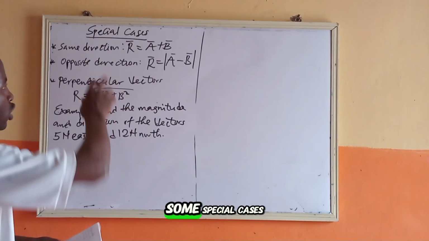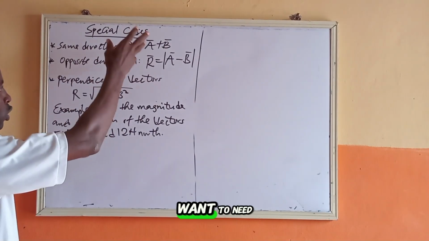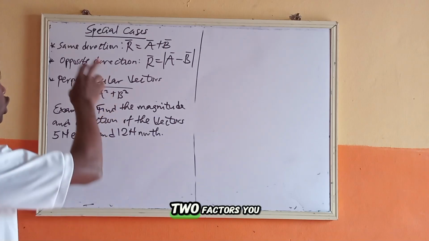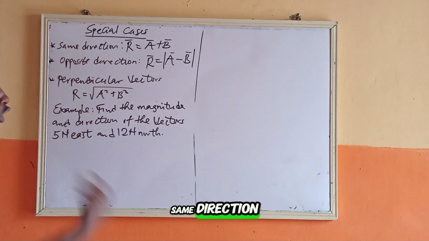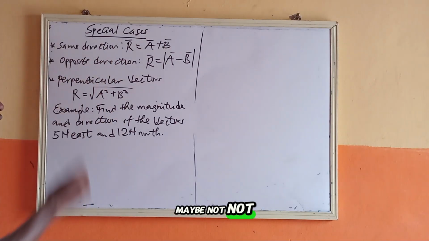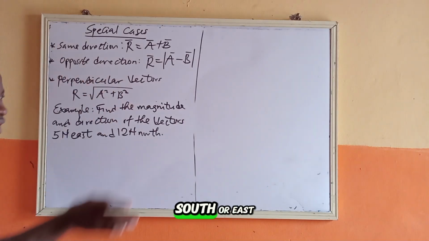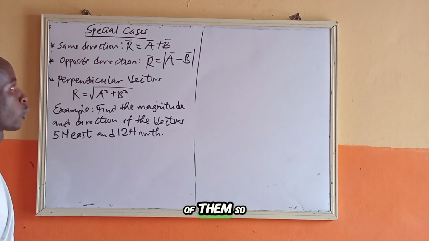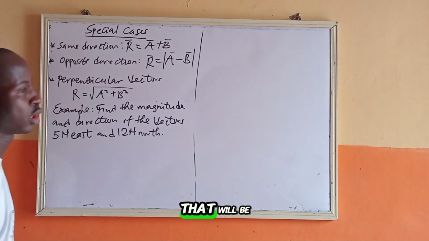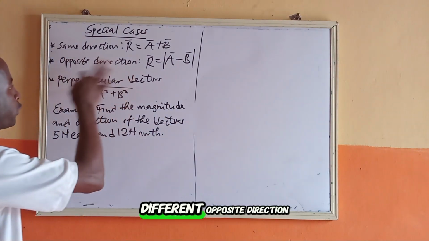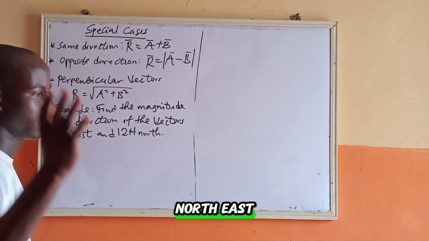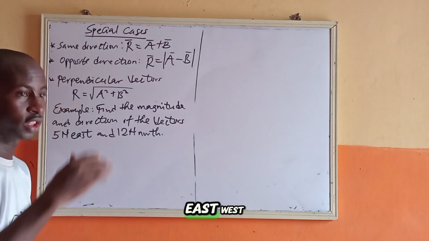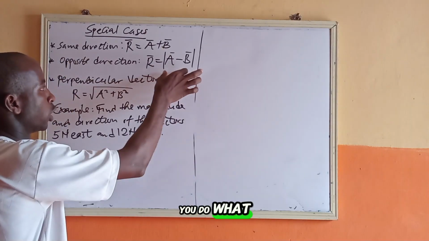Okay, there are some special cases, so all you need is just to memorize this method. If the two vectors you are given have the same direction, maybe north north, or south south, or east east, or west west, just add both of them. So 3 meter north, 4 meter north, that will be 7 meter north. If you have opposite directions, north south, east west, you subtract.